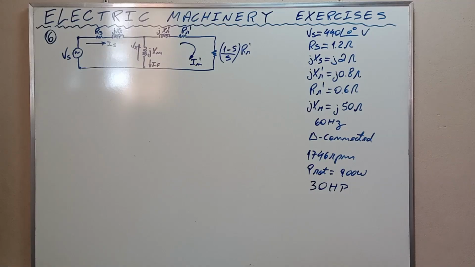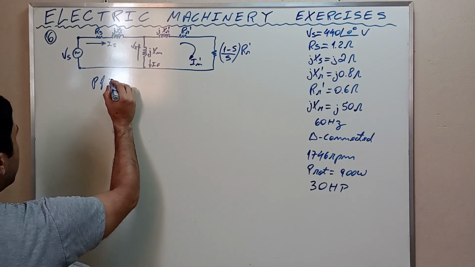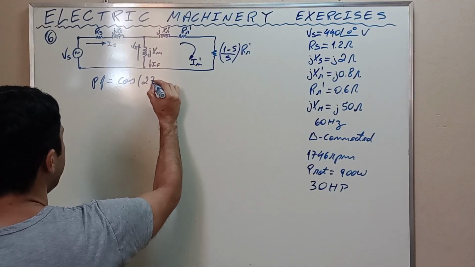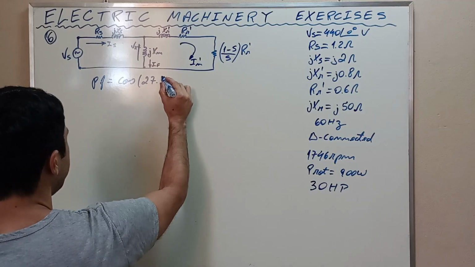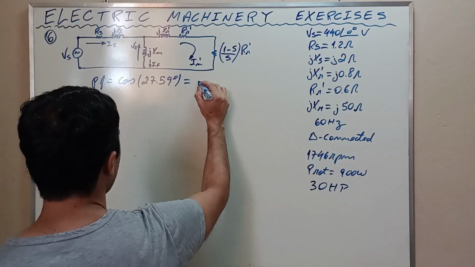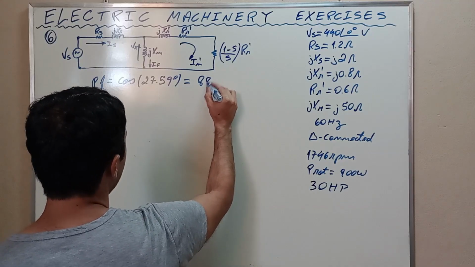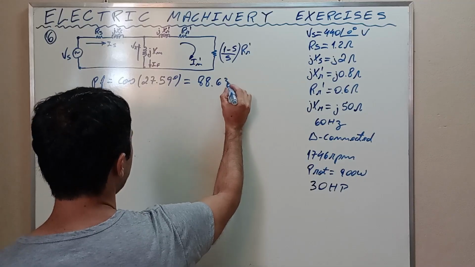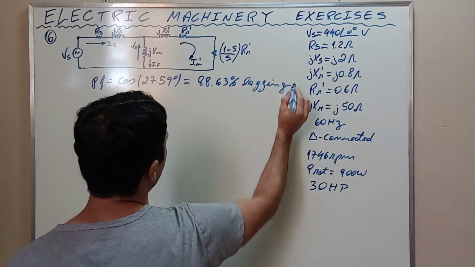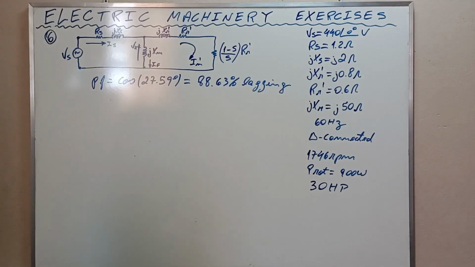The power factor is the cosine of the angle of the impedance, which is the cosine of 27.59 degrees, and this is equal to 88.63% lagging. It has to be lagging because it is an induction motor.